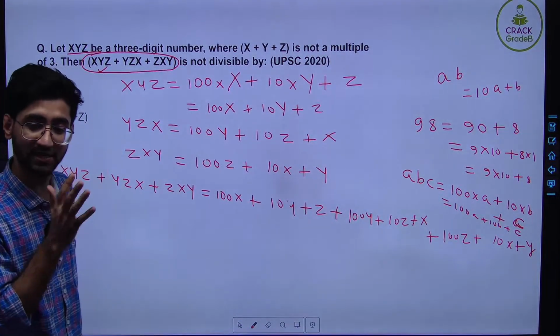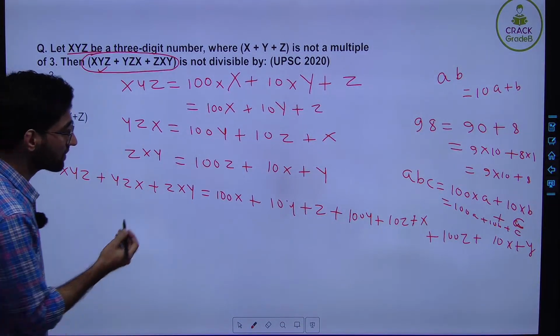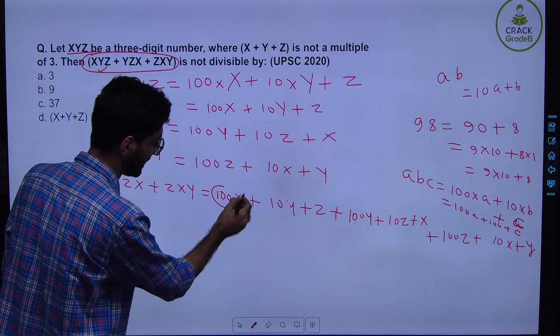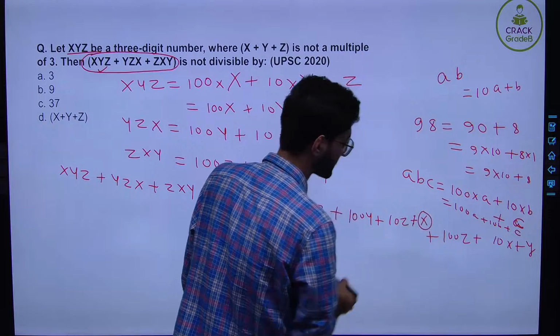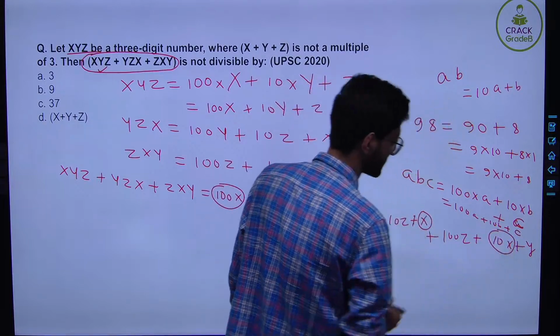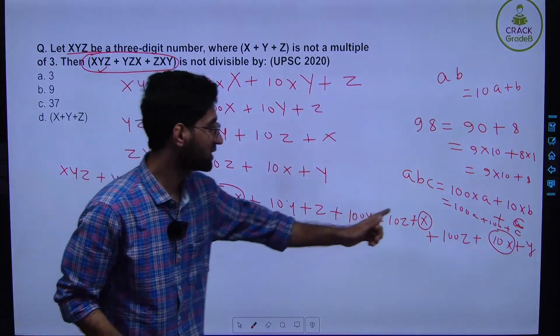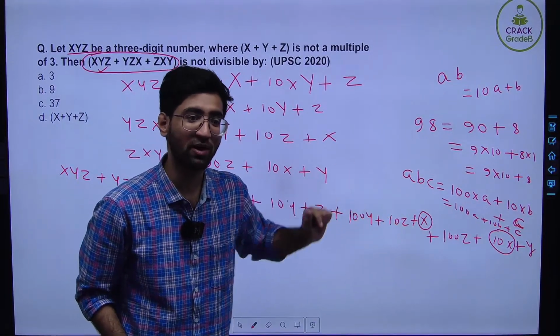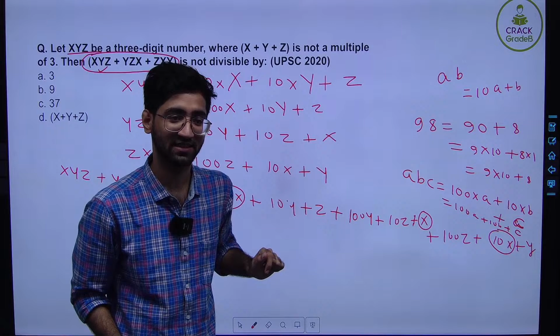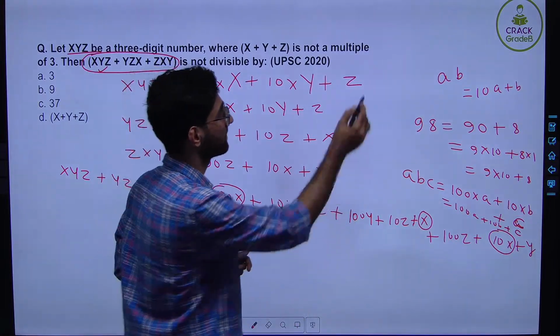Okay? Any doubt? Now, let us focus on the parts of X. 100X. Where is our X? X and 10X. 100X plus 1X plus 10X is equal to 111X. Are you able to see?